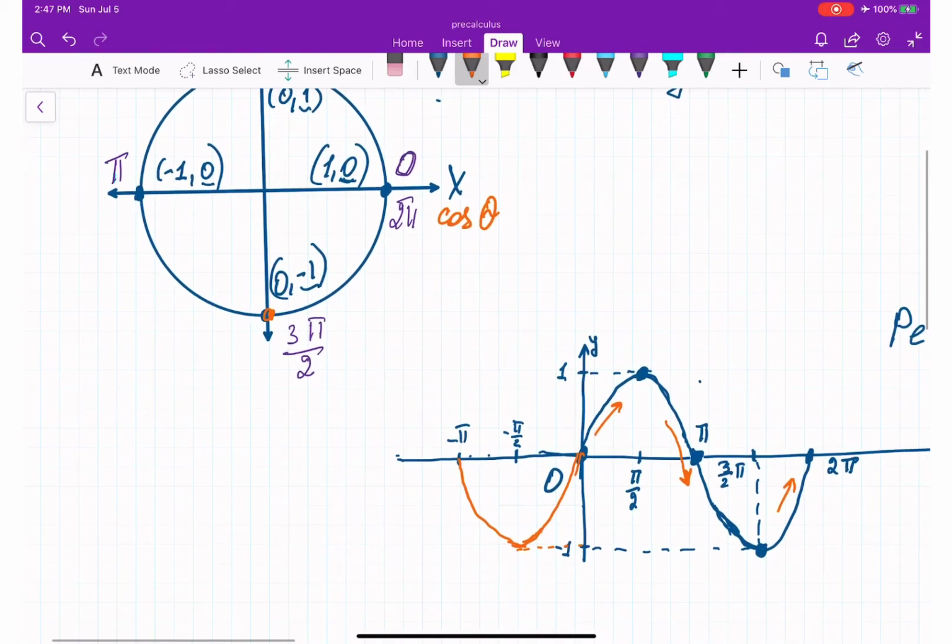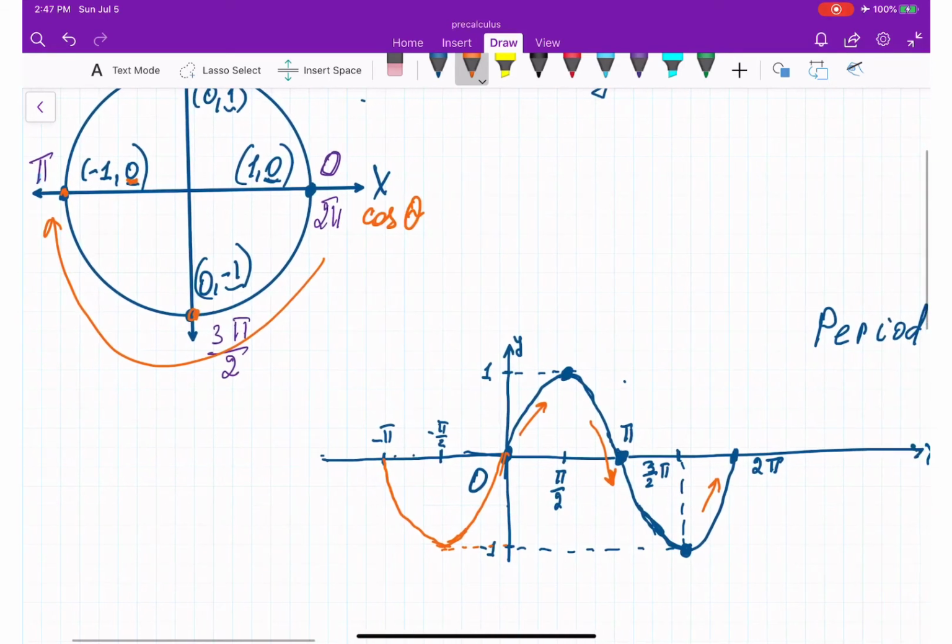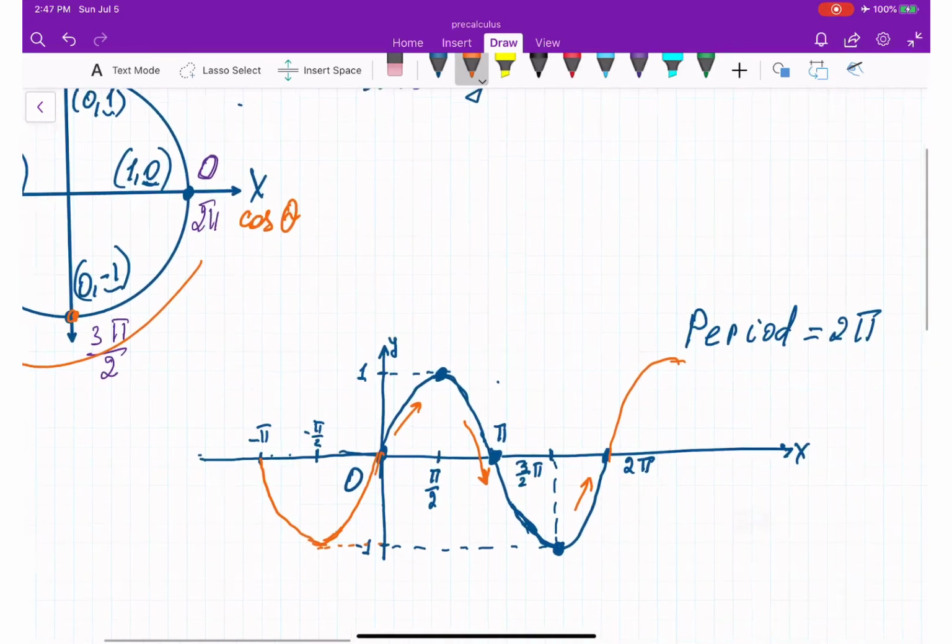If I go to negative pi, my sine is going to be 0 right here. Same thing. So I can continue here also, and so forth. Yes, we can continue, but the original unit circle, once we open it, has period 2 pi.